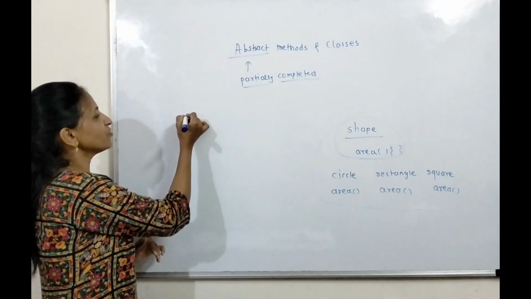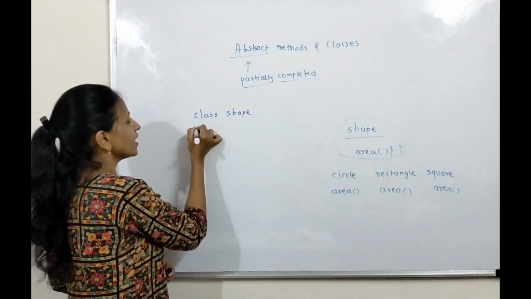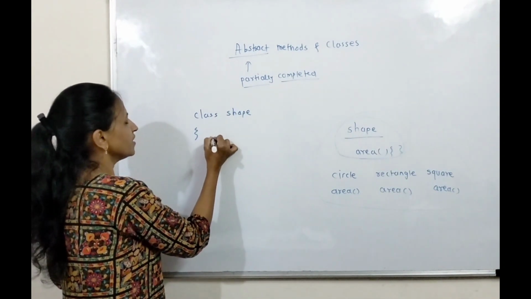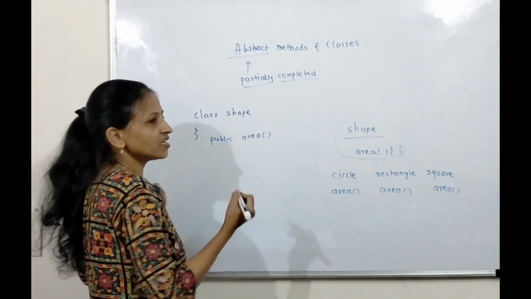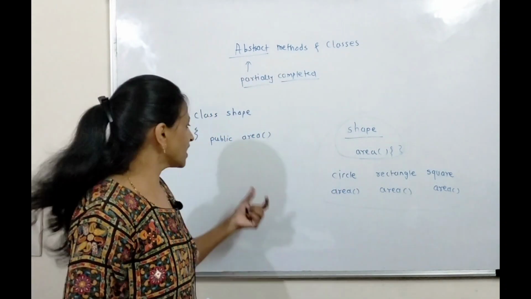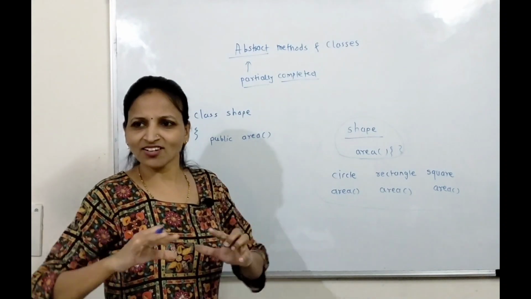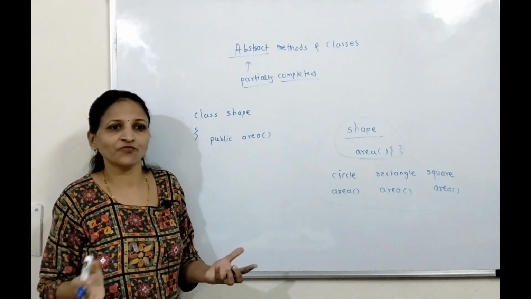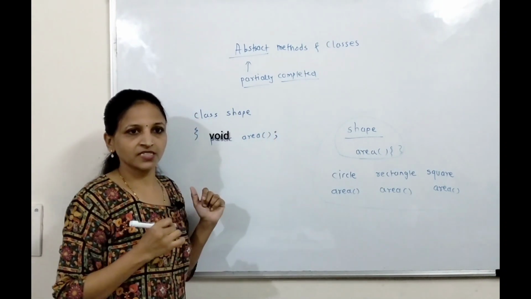For example, let's say we have created class shape, and inside that I am writing one method like public area. Now if I think about what should be written here, I don't know, because I cannot write anything here because shape does not have exact dimensions. That's why we cannot calculate the area of a shape, and that's why here we can write it like this.